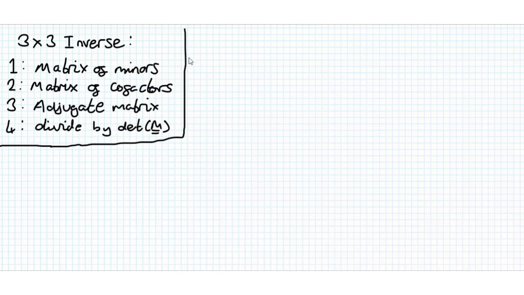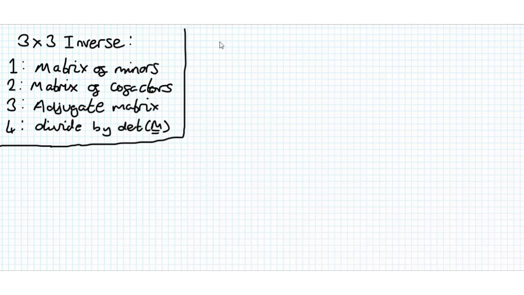The matrix of minors: for each point in the original matrix M, we replace the element with its minor.